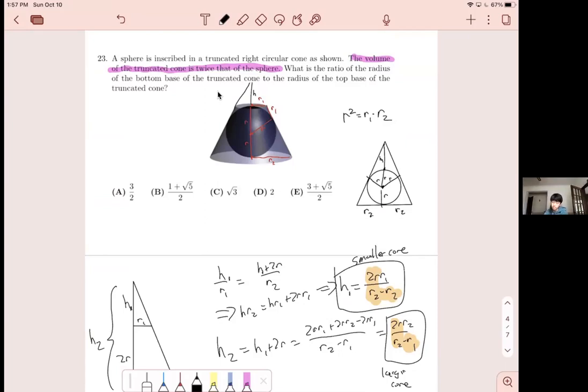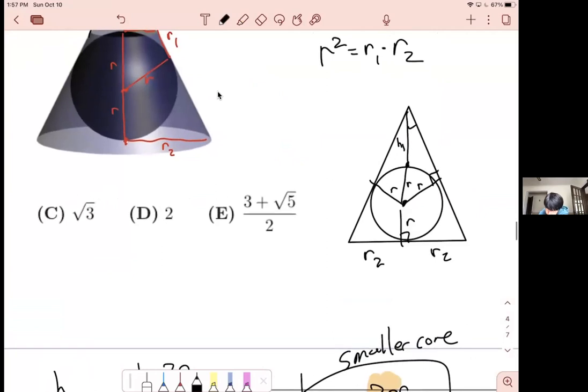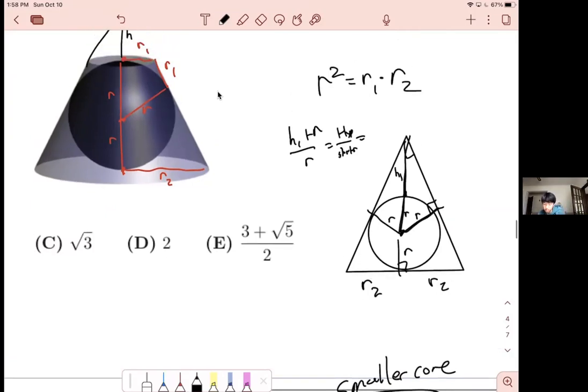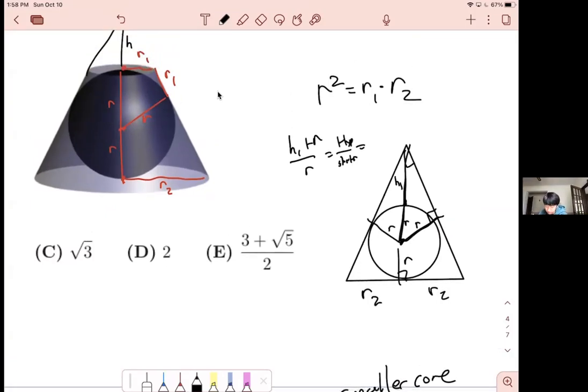And so based on this, since these are both perpendicular, you actually have that H1 plus R over R is hypotenuse over shorter and is equal to the same ratio in the other triangle, since it's similar.